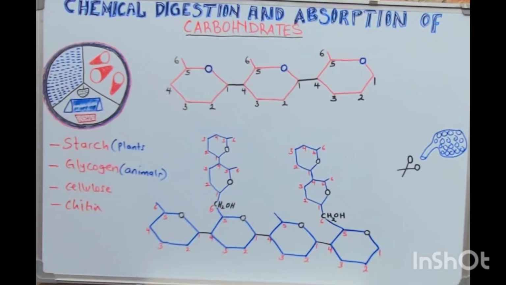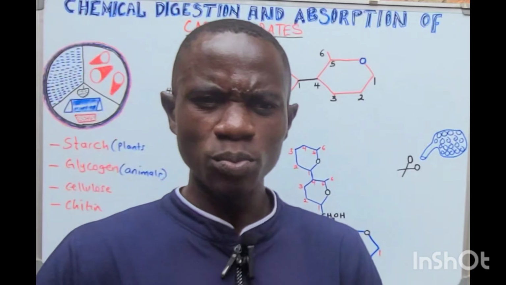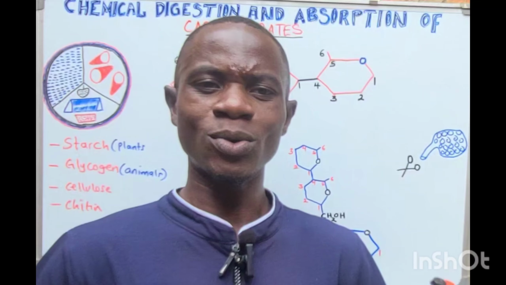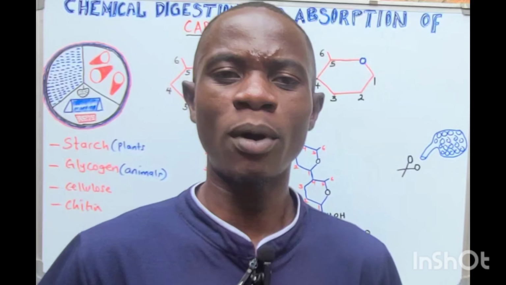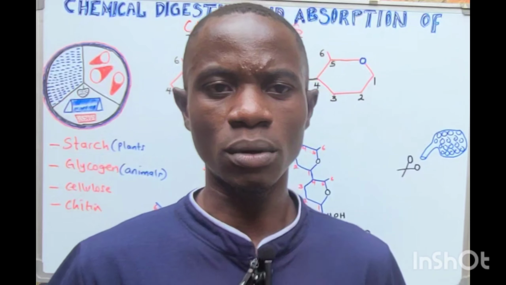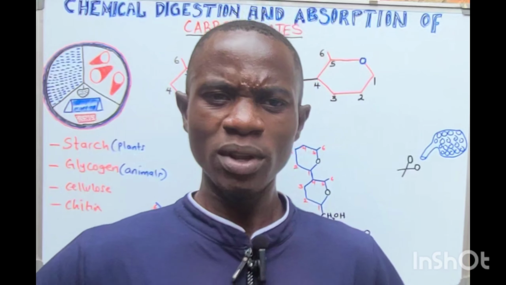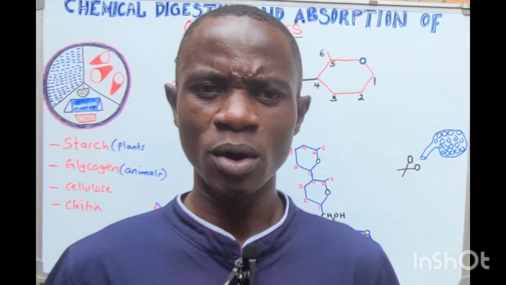That is very important. In this video we want to take much of our time to understand the most common digestible dietary carbohydrate, and that one is starch. So we are going to be looking mainly at starch.